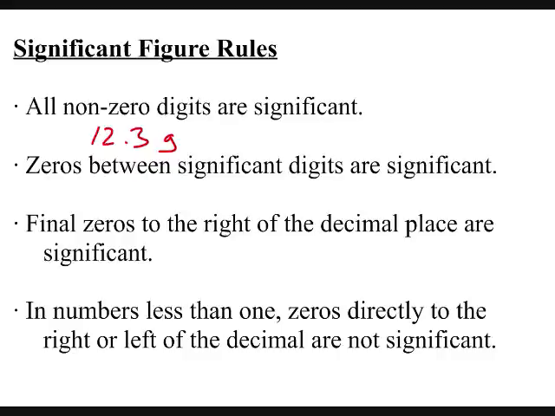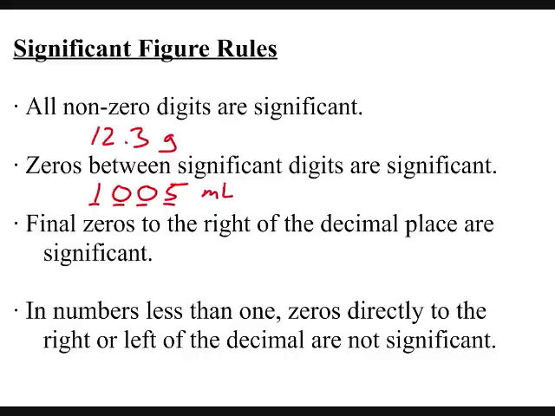So if I were to do a 1 and then 2 zeros and then a 5, and let's say these are milliliters, so 1,005 milliliters. Here, obviously, the 5 and the 1 are significant because of rule number 1. Because they're between two significant digits, those zeros would also be significant.